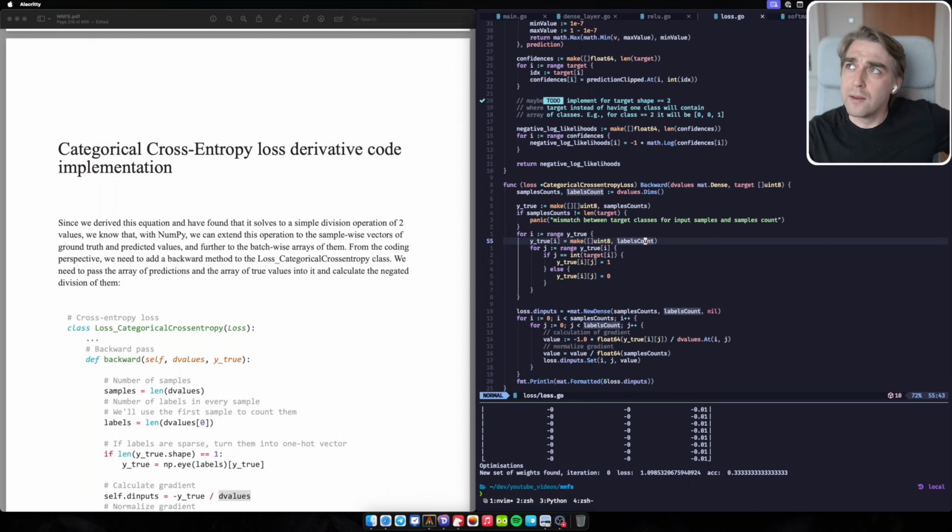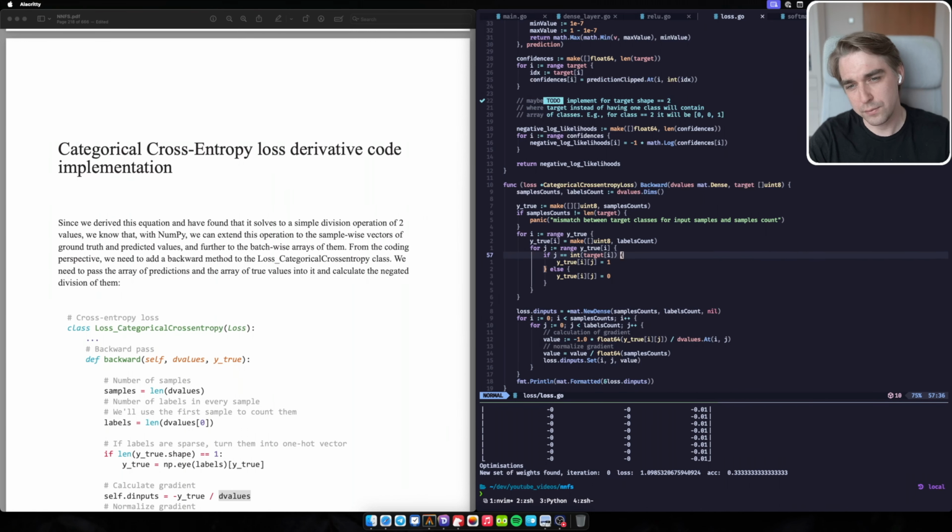I'm thinking, can I merge these two? Because here it's an allocation. Well, technically I can, right? I will leave it. But for example, do I actually need to create?